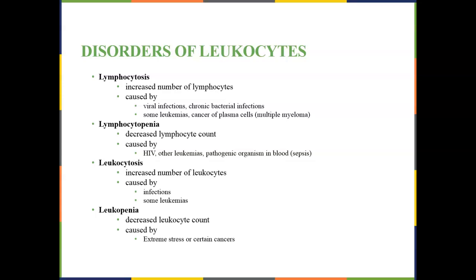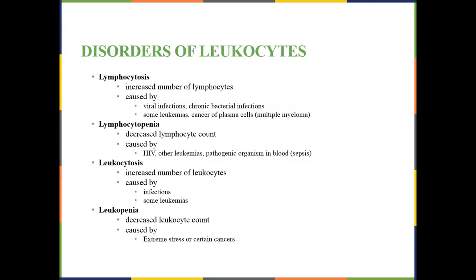Lymphocytosis is often associated with viral infections or chronic bacterial infections. Leukocytosis is typically caused by infections that are either viral or bacterial, so you have just an increased number of white blood cells in general, versus lymphocytosis, which is increased lymphocytes, so those specific defenders.